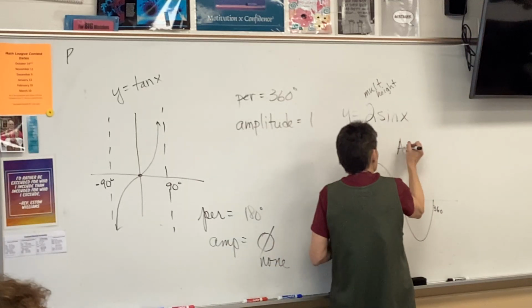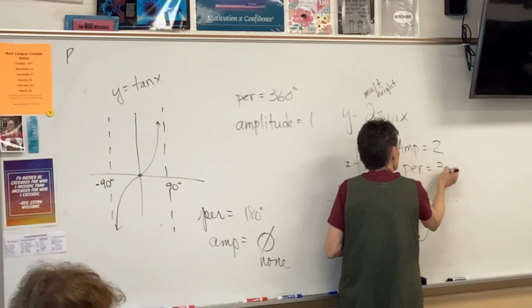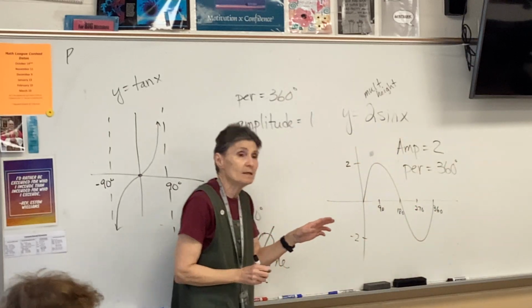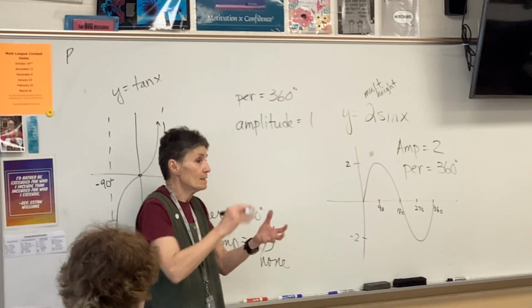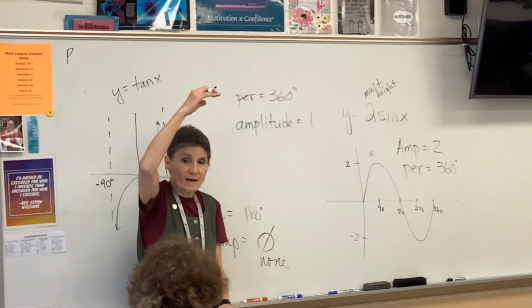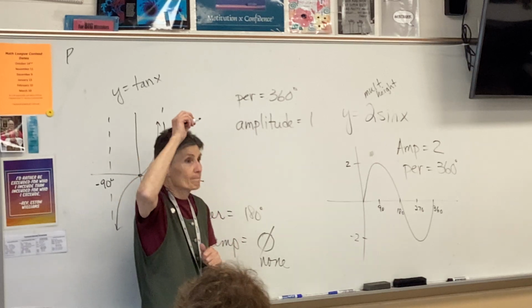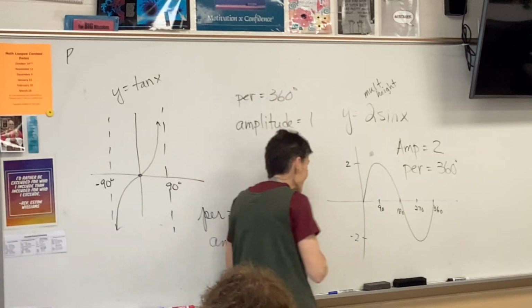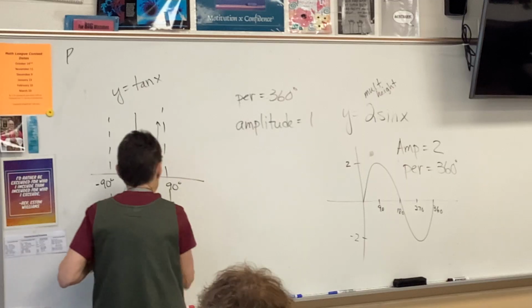Okay, so amplitude is 2, period is still 360 degrees. We did nothing to change the period. All we did was stretch it this way by a factor of 2. Okay? Next, -3 cosine.